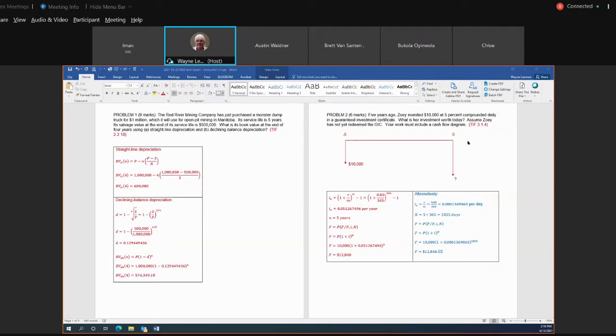I let it be. But strictly speaking, it talks here about Zoe investing $10,000 5 years ago. So the timeline would go from -5 to 0, which still allows for N to be 5, or the corresponding number of days.